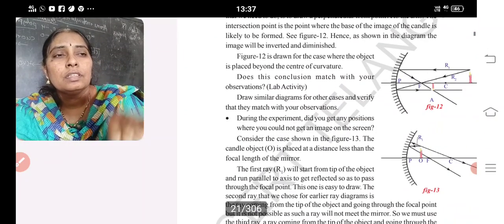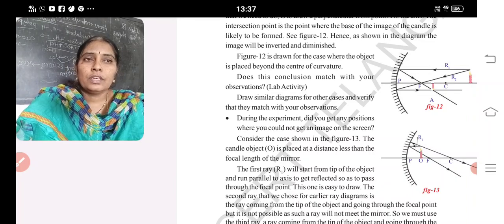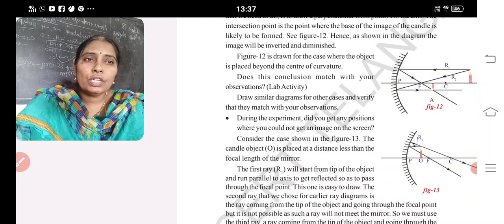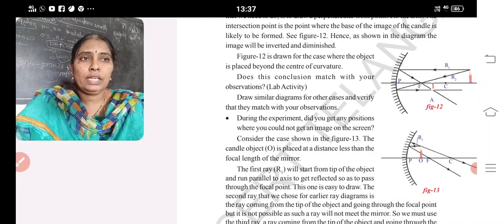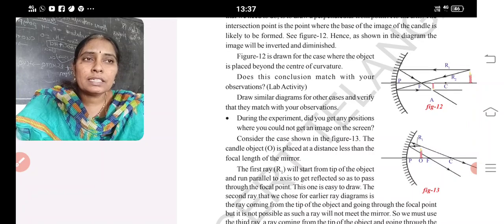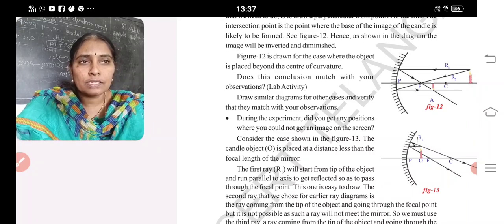Now, see, this is the thing. To get an image, you always need to consider two rays. Where is the object now? Behind C. And how many rays are considered? 2 rays. Now check R1, it is parallel to the principal axis, so definitely it passes through the focus. And R2 is passing through the focus, so definitely on reflection it will be parallel.